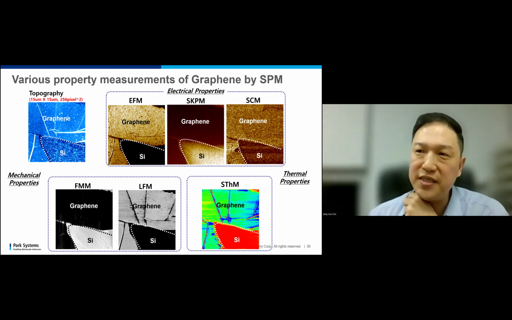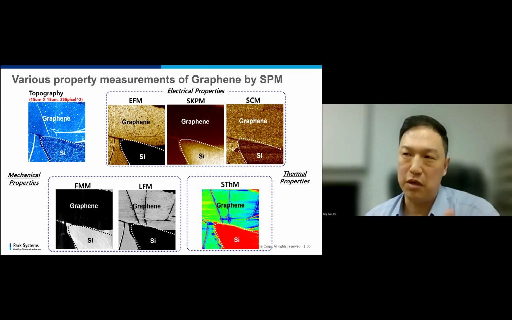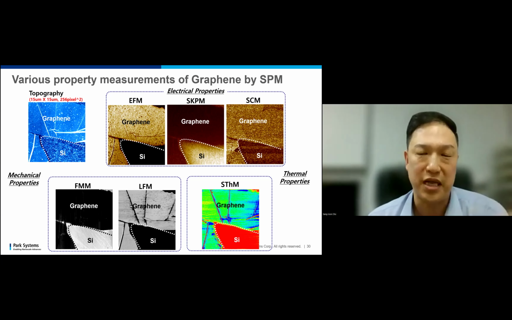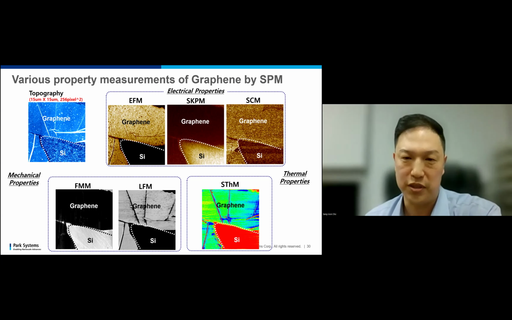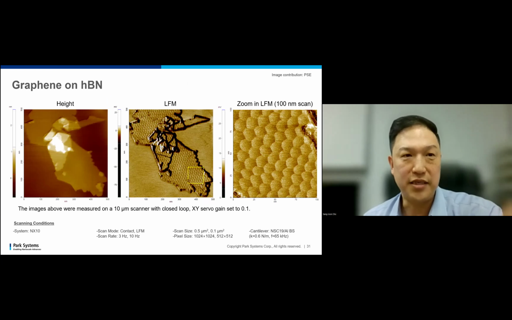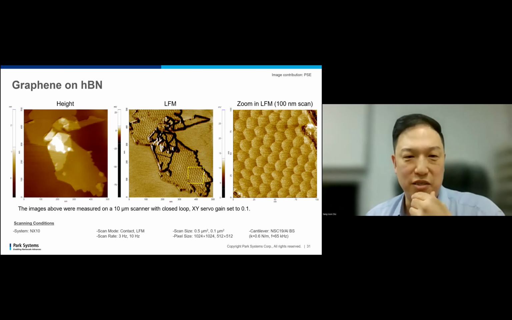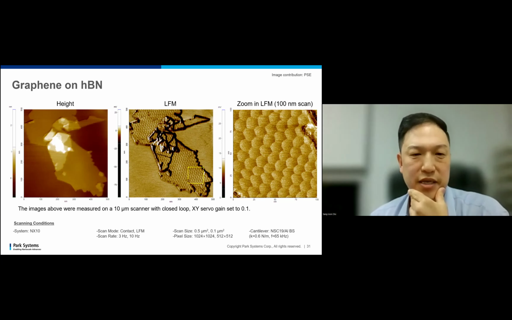So multifaceted nanocharacterization will be an essential element in the study of new materials, and AFM could be a big part of those applications.